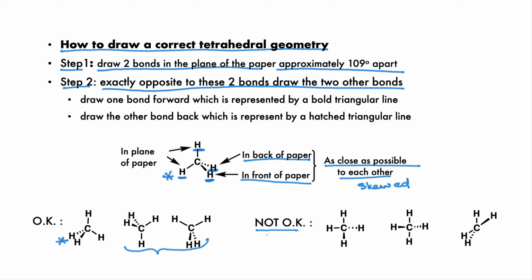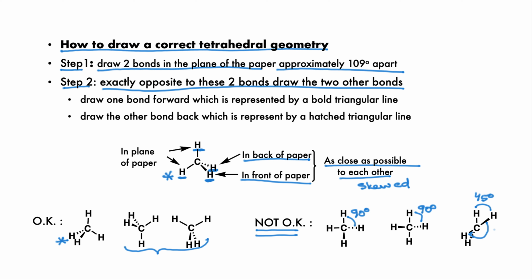There are many incorrect ways to draw this geometry. The first and second representations are common, but they have 90-degree bond angles, so they can't be right. The last molecule has several things wrong. It has many bad bond angles.